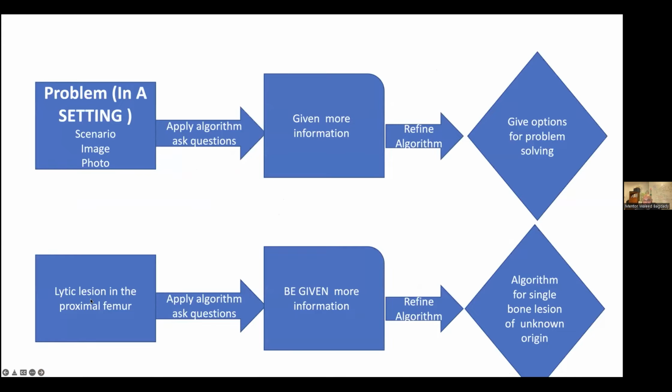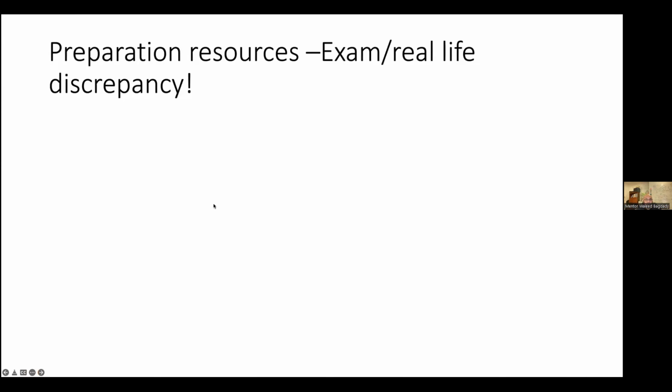You have a lytic lesion in the proximal femur that can be a broken femur or non-broken femur. So you will apply an algorithm to this lytic lesion. Then you will be given more information as long as you are asking relevant questions. Then you refine your algorithm, and then you will find your algorithm, for example, for a single bone lesion of unknown origin, and then you can sort out the problem.